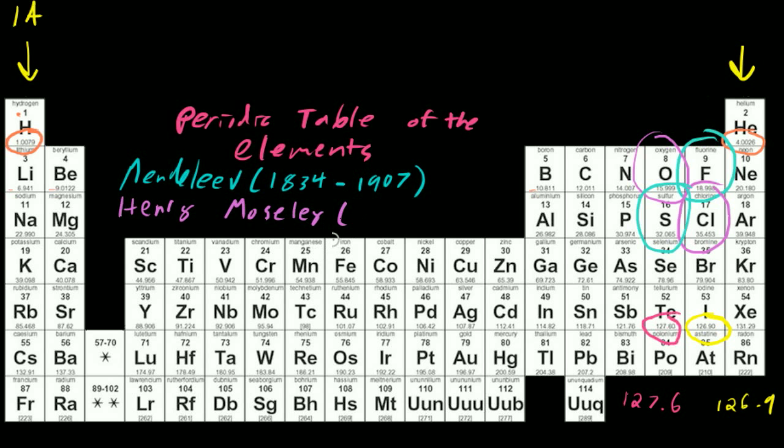I guess I didn't. But anyway, Henry Moseley was the chemist that pretty much realized that the way that makes more sense to arrange these elements was by ascending atomic number, not by ascending atomic mass. And it is important to realize Henry Moseley does get credit for realizing that was the more sensible way of ordering the periodic table.